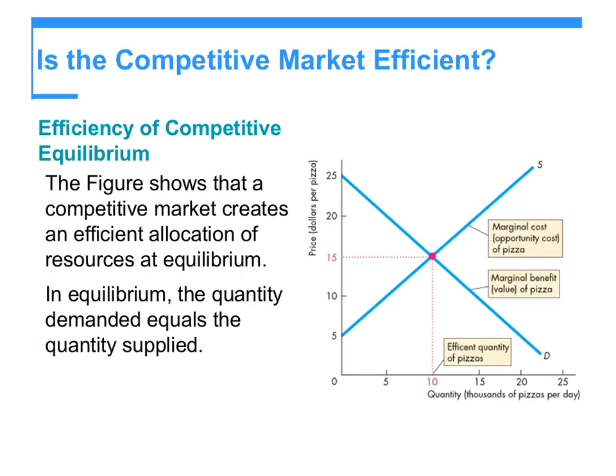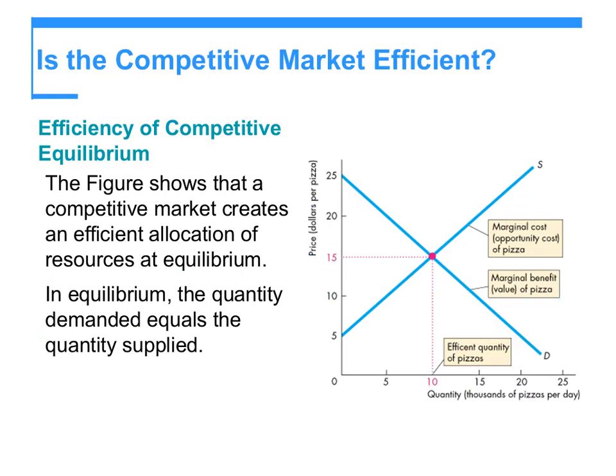So, is a competitive market efficient? Now we're going to talk about efficiency. A competitive market means there are different competitors actually competing, and whether it's efficient or not. So, efficiency of competitive equilibrium. The figure shows that a competitive market creates an efficient allocation of resources at equilibrium.